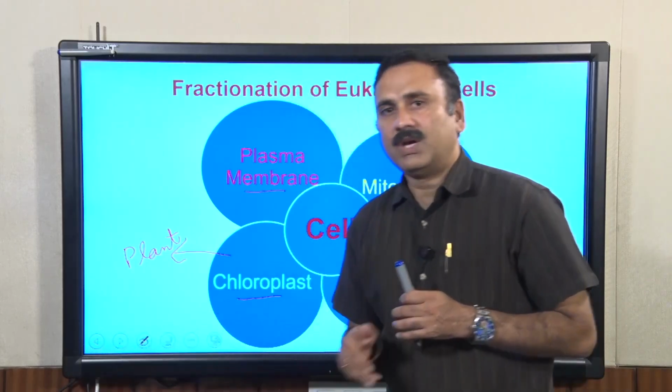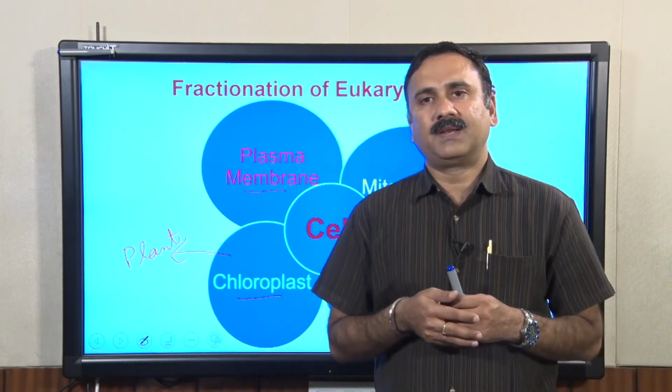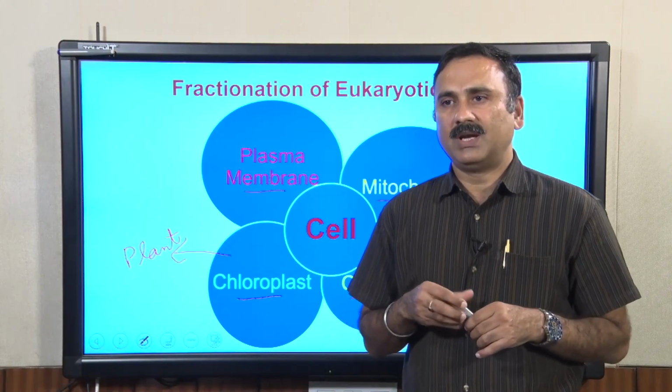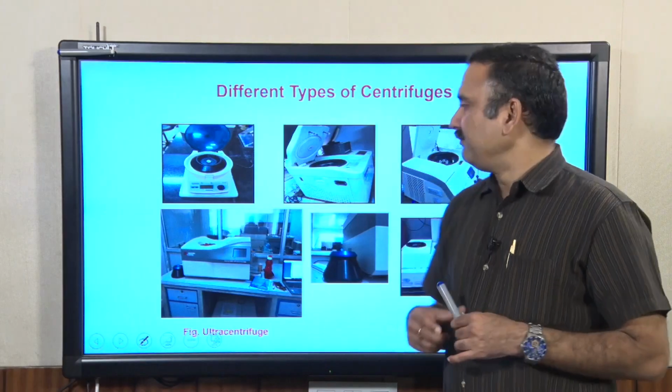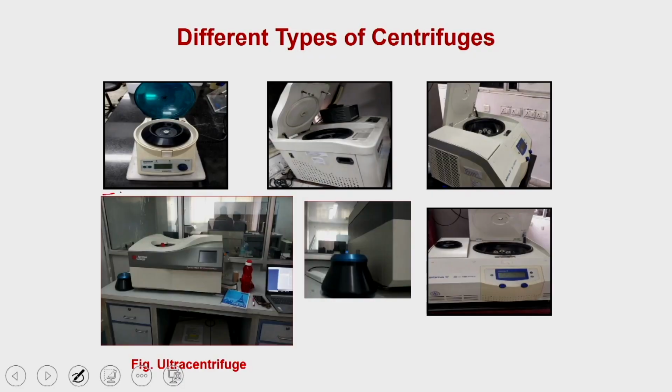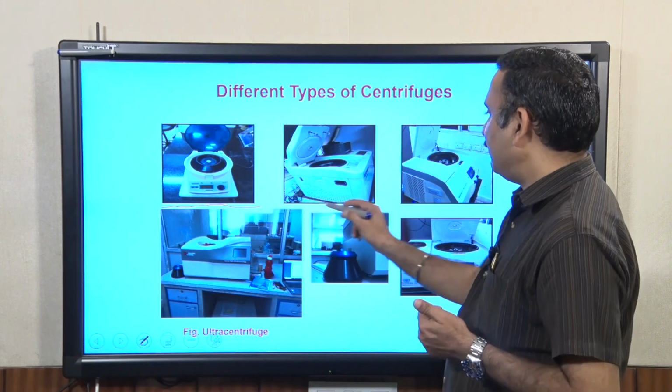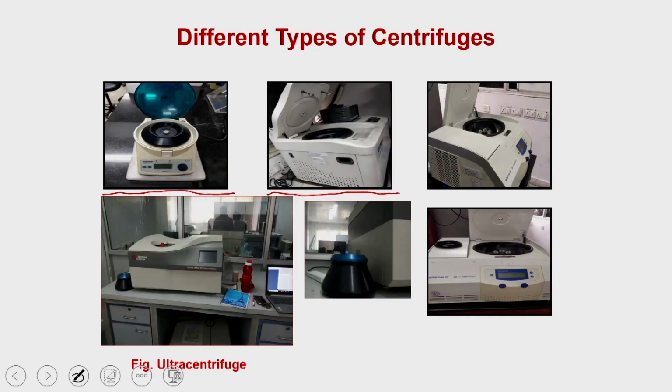The instrument you can use for the isolation of these organelles is known as the centrifuge. There are different varieties of centrifuges available for R&D as well as for industrial purposes. You have the microcentrifuge, where you can use smaller samples like Eppendorfs. Then you have centrifuges with larger capacities.